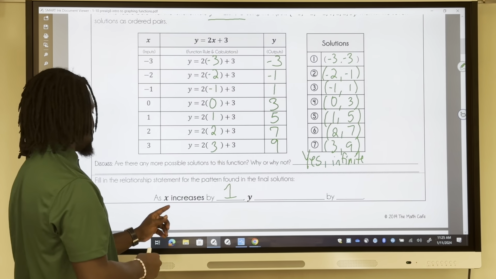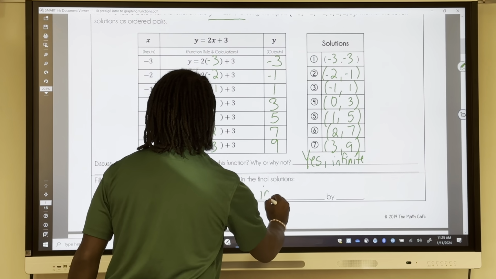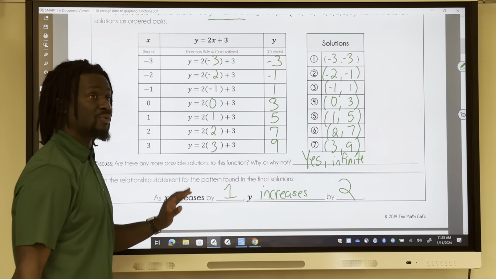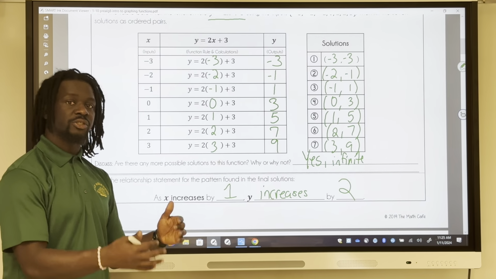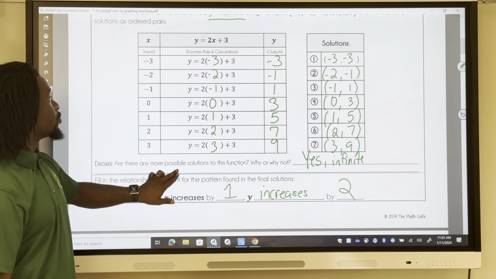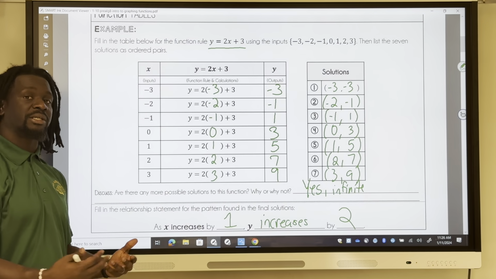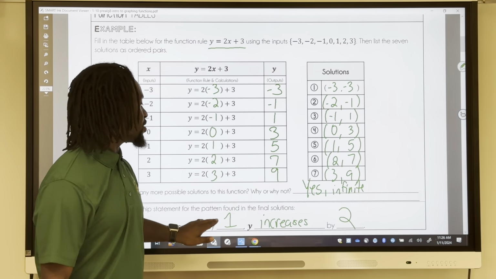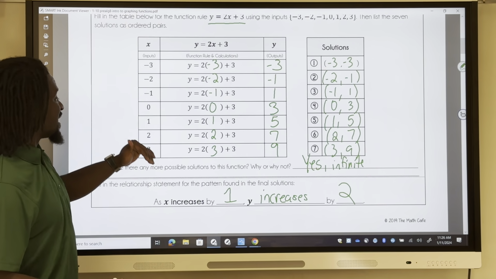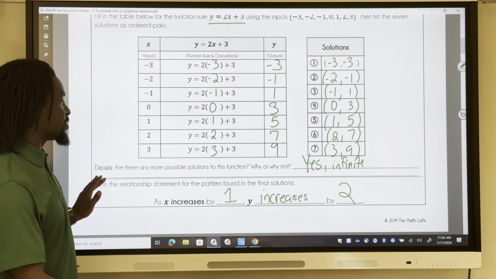So anytime we increase the x by 1, we're also increasing the y by 2. Okay, so that is the pattern, or the relationship between these numbers. The rule is y equals 2x plus 3, and the pattern for what's happening to our outputs is that as x increases by 1, y increases by 2.